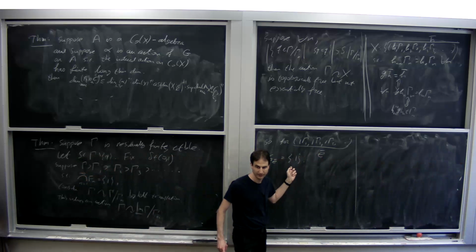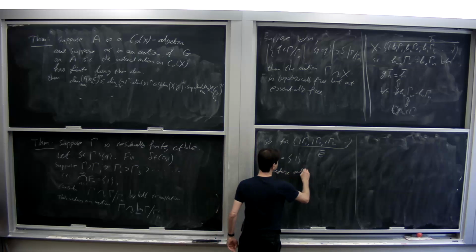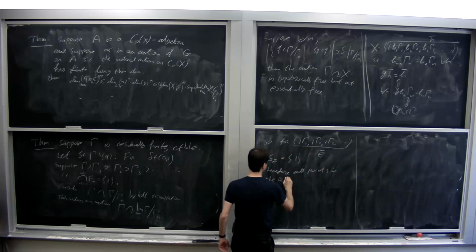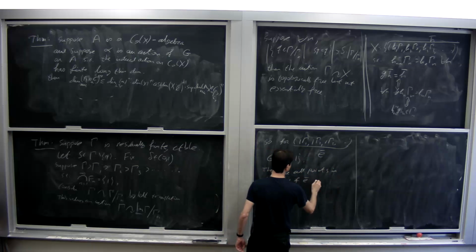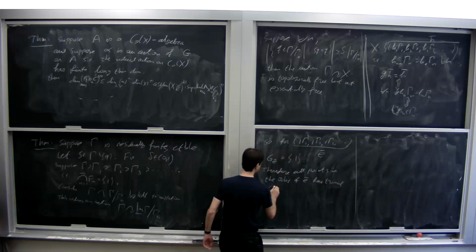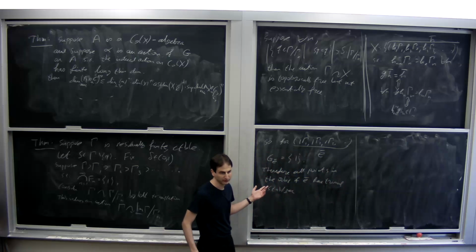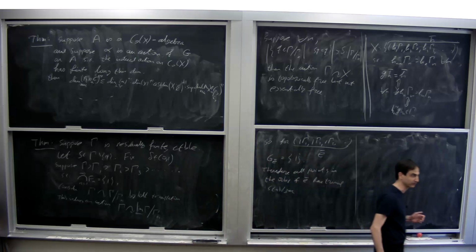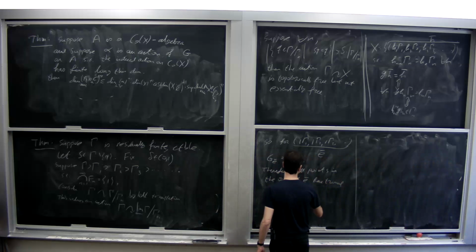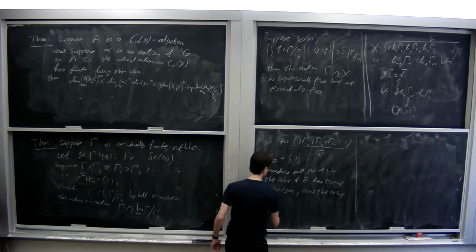Therefore all points in the orbit of this point E have trivial stabilizer. So we have a dense set of points with trivial stabilizer. All orbits are dense.